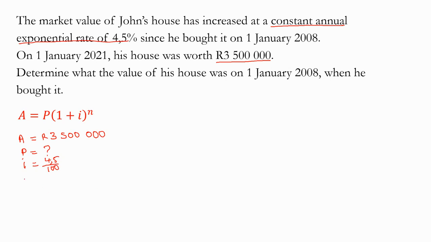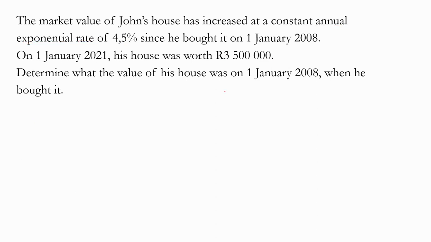And then N is 13, which is the number of years there. How do we get that the number of years is 13? We are subtracting the years, from 1 January 2008 to 1 January 2021. So this is 13 years.